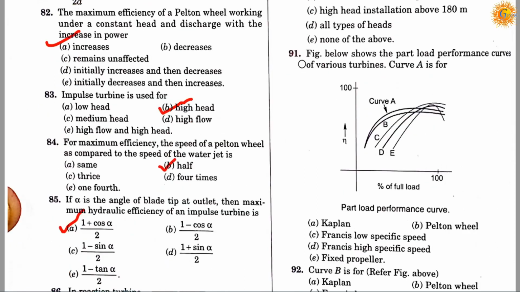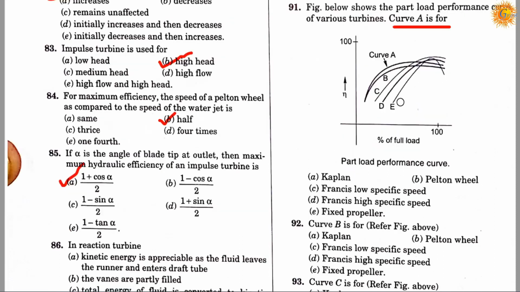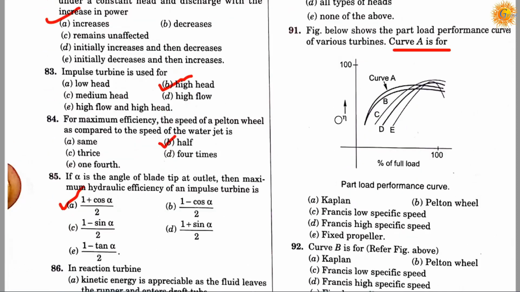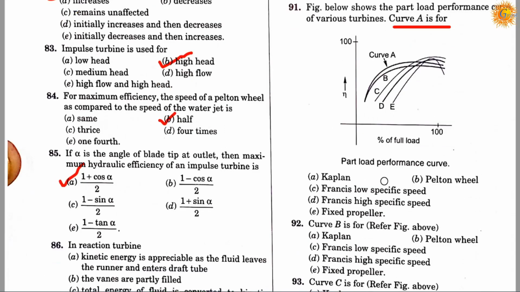Question number 91. The figure below shows the part load performance curves of the various turbines. You can see in the graph the efficiency eta against the load percentage.